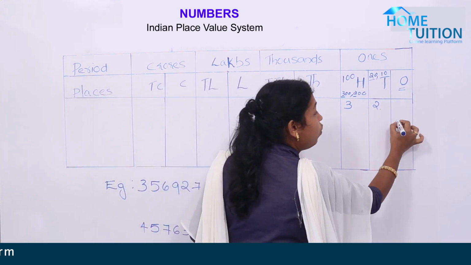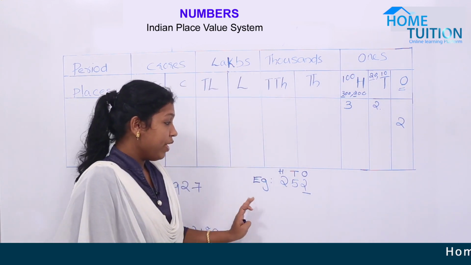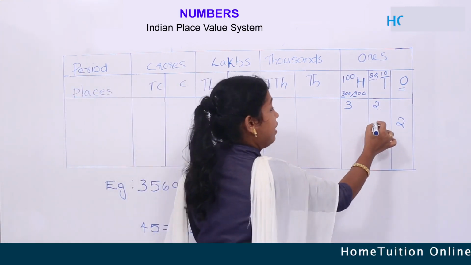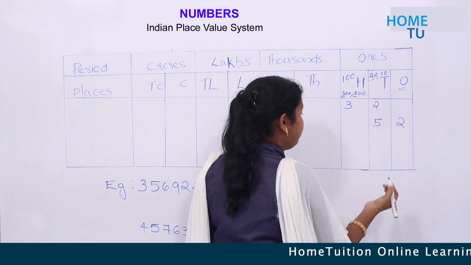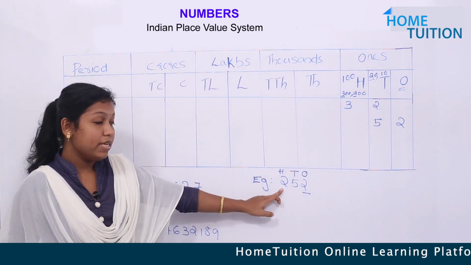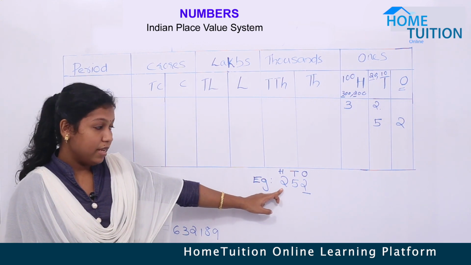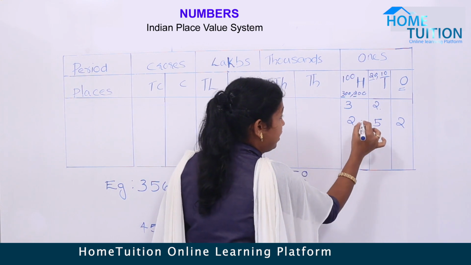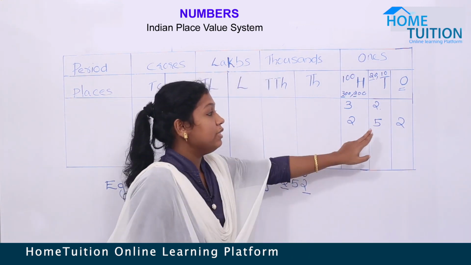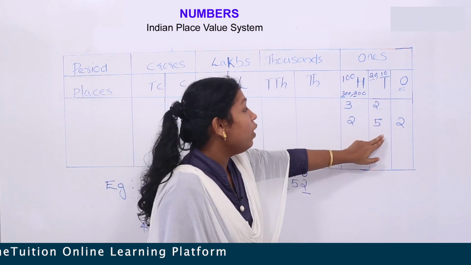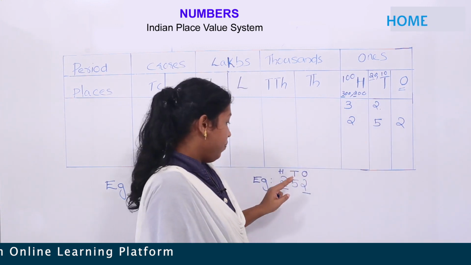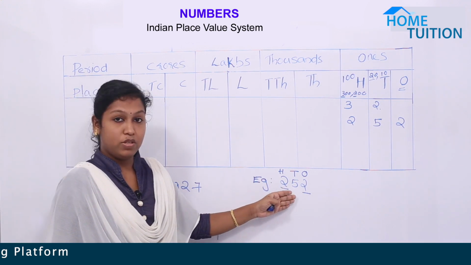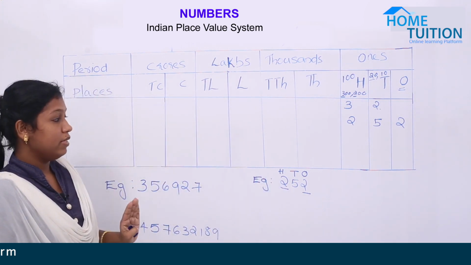So we write 2 in the ones place, 5 in the tens place, and the third place is hundreds, where we write 2. Read it: 252. Ones, tens, hundreds. That is the place value of 252 in the Indian place value system.